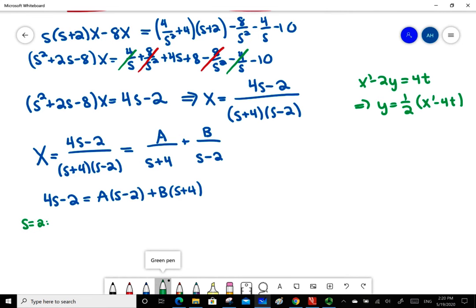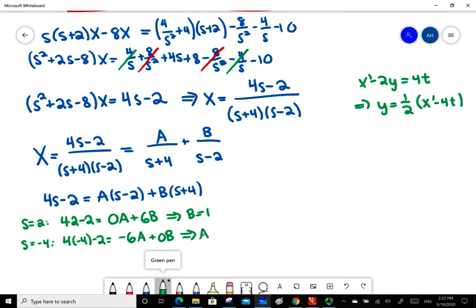When s equals 2, we get 4 times 2 minus 2 equals 0A plus 6B. So B equals 1. And when s equals negative 4, we get 4 times negative 4 minus 2 equals negative 6A plus 0B. So A equals 3.